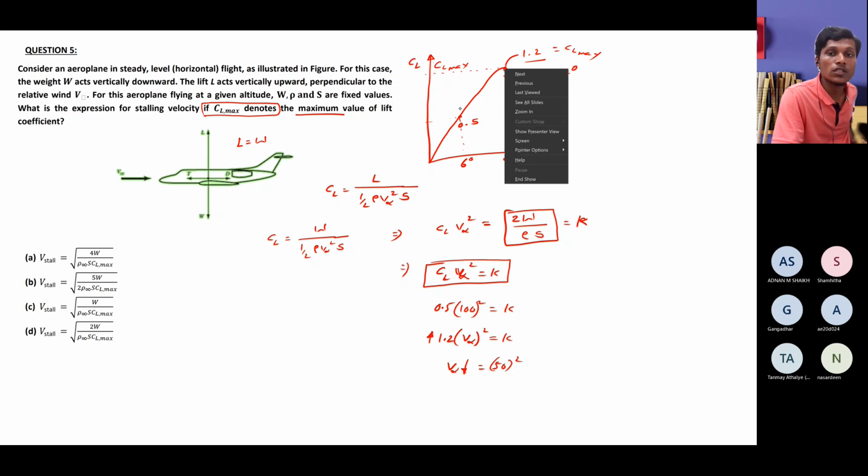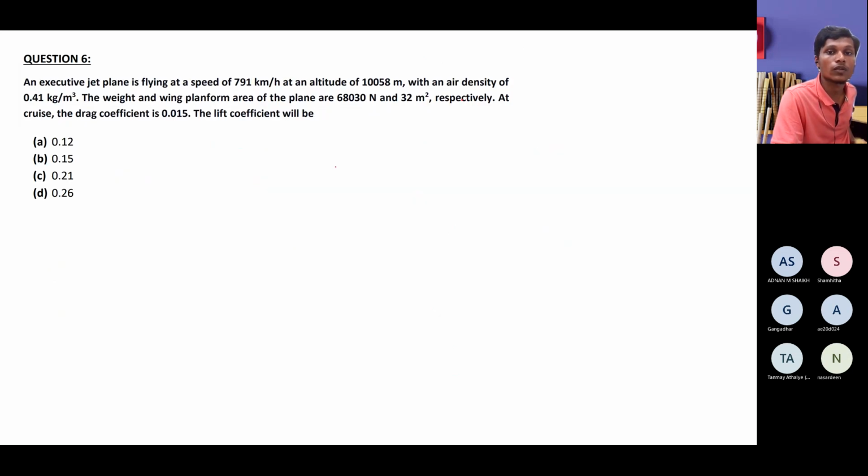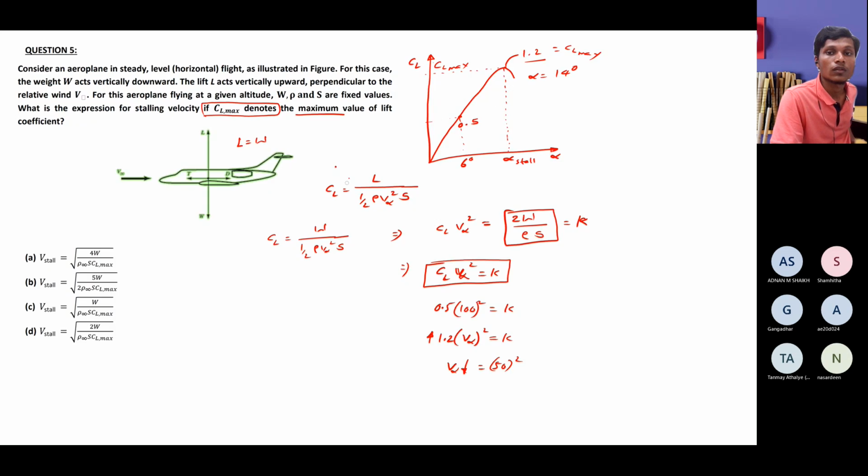As you are increasing your CL, you need to decrease your velocity to maintain the steady level flight. So at maximum CL, the velocity of the flight is very minimum.